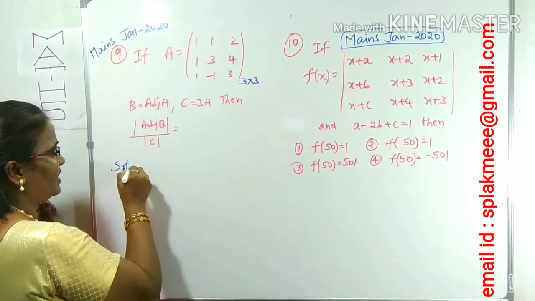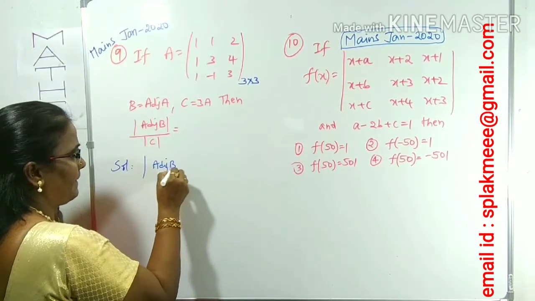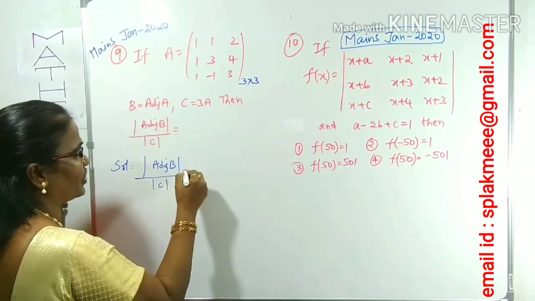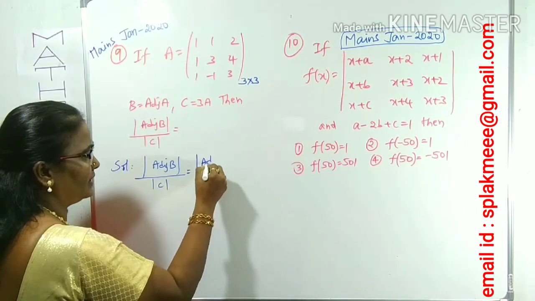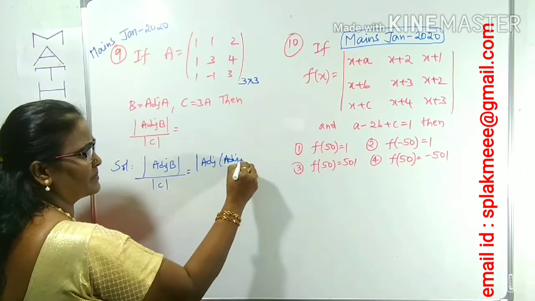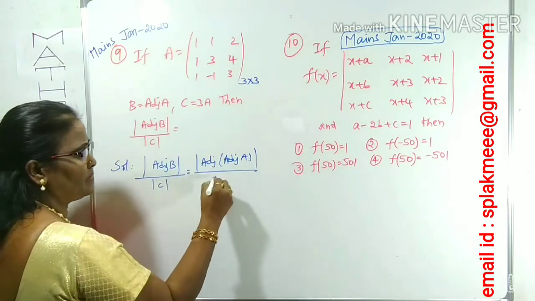What is being asked? Det of adjoint B by det C. B is given as adjoint A, so det of adjoint A is the numerator. The denominator is mod C, and C is given as 3A, so mod 3A.